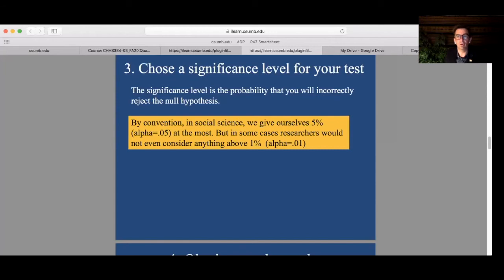We want to keep it small. By convention, the most you can go is 5%. Other people would not look at results that are not at least at the 1%. You can use 0.1, 0.05, or 0.01. We're just going to use 0.05 for now.